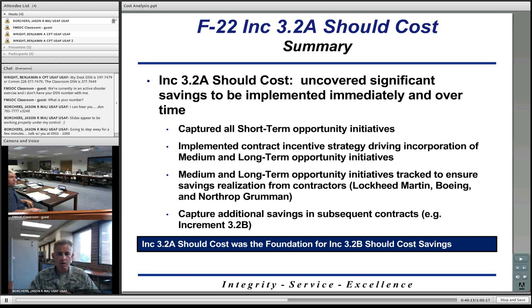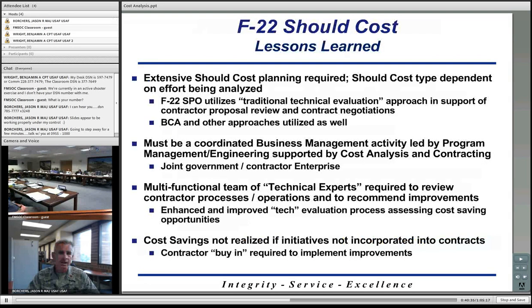So this is certainly deemed a success story. You can read about this all over the Better Buying Power website, and I have more information here that I can certainly discuss with you if you're interested in more of the details. But F-22 Inc. 32A is certainly recognized as a showcased success story for should cost.